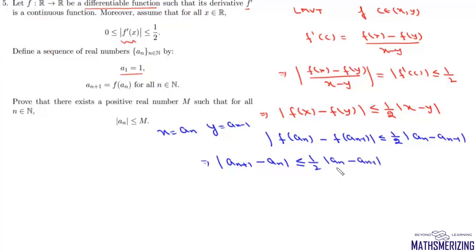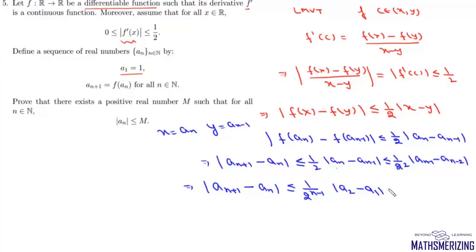Now in the same way we can write mod of a_n minus a(n-1) will be less than or equal to 1 by 2 into mod of a(n-1) minus a(n-2). So it will be 1 upon 2 square mod of a(n-1) minus a(n-2). And if we continue like this, then we can say that mod of a(n+1) minus a_n will always be less than or equal to 1 upon 2 to the power of n minus 1, and eventually we'll get mod of a2 minus a1.